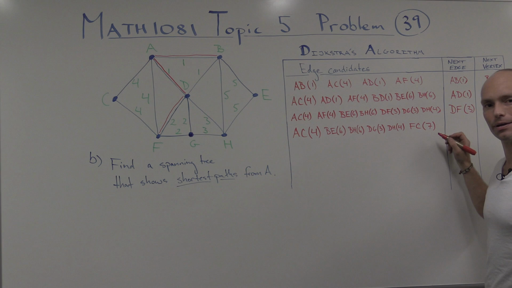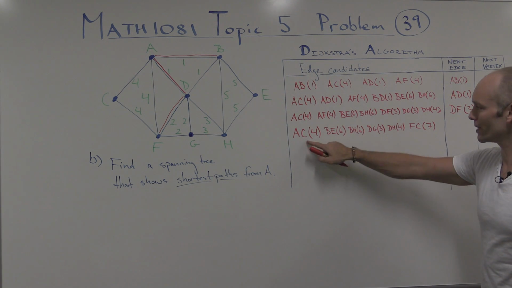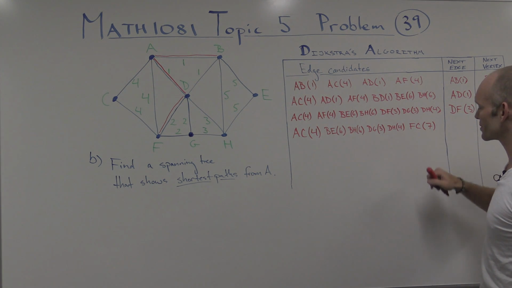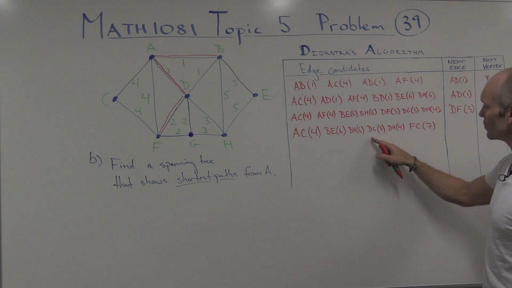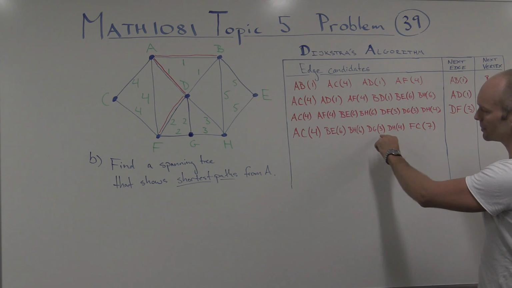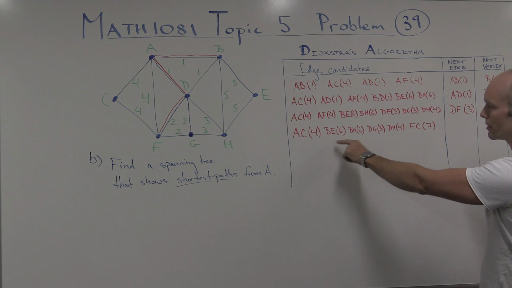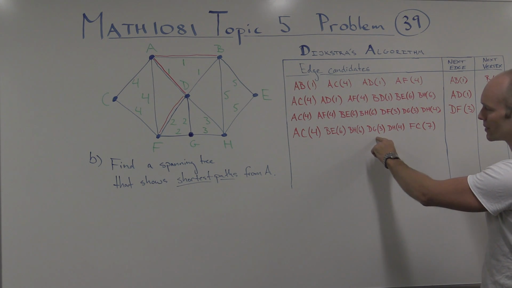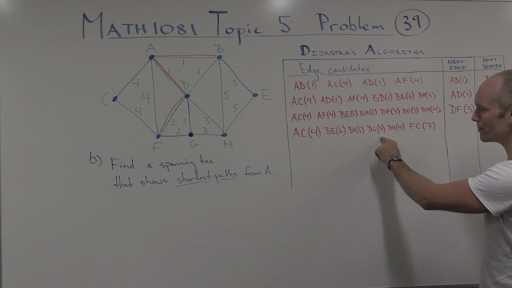Let's continue, like so. So we can add these 6 edges, and if you look, then the edge that gives you a shortest path here is this one here. It gives you a path of length 3.